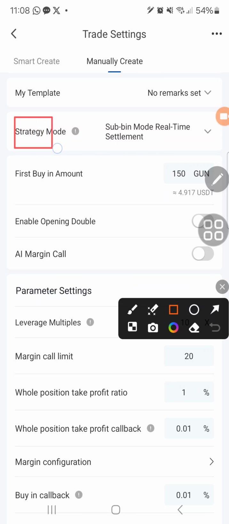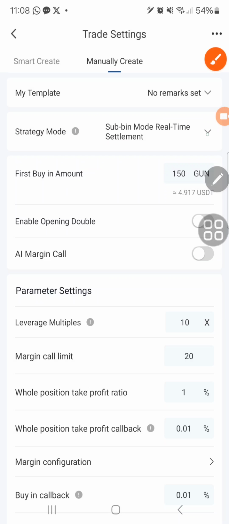the strategy mode. I don't know how I can put this into an in-depth analysis for you to understand, but basically, the strategy mode simply means mode of operation. There are three ways: the whole house mode, the sub-bin mode, and the sub-bin real-time settlement.